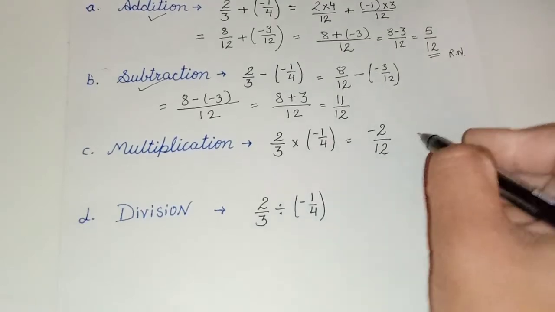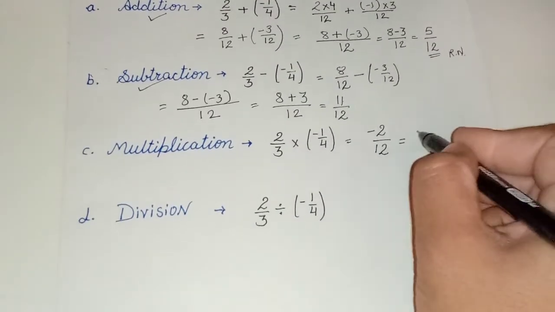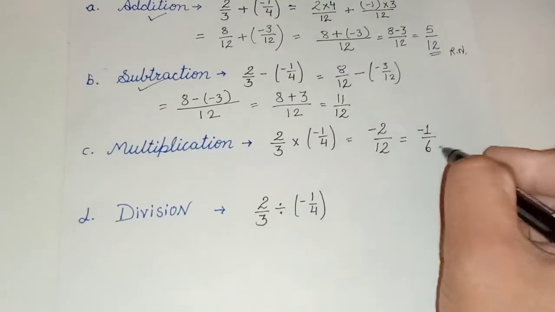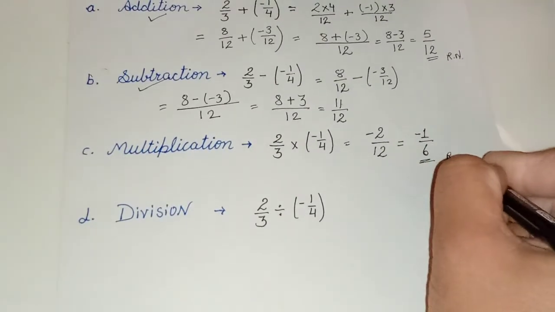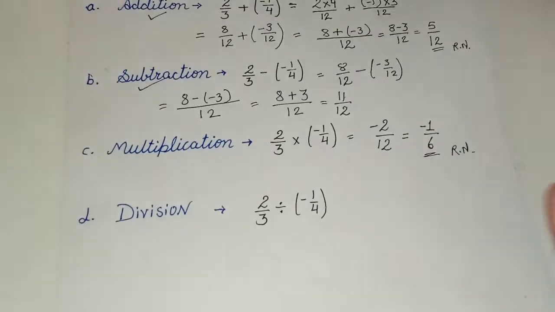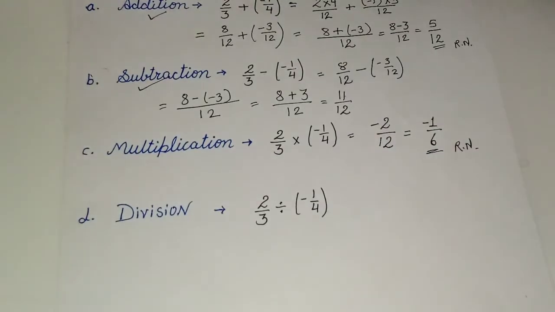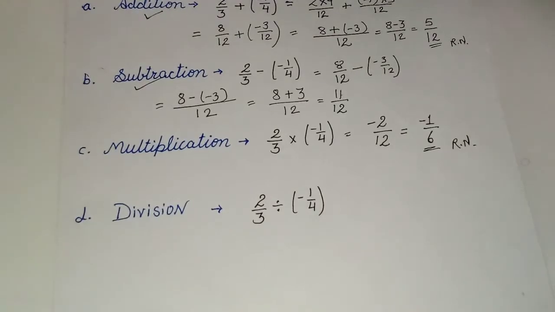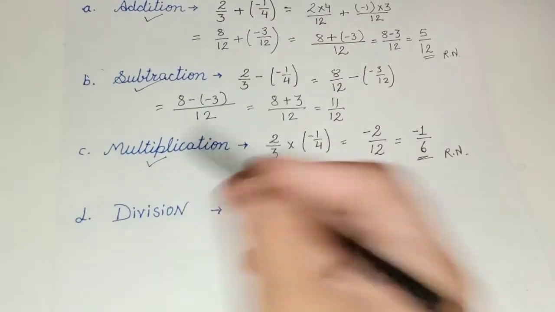If we write it in simplest form, then 2 ones are 2 and 2 sixes are 12. Minus 1 by 6. So minus 1 by 6 is also a rational number. So when we multiply two rational numbers, we get the product also a rational number. So we can see that rational numbers are closed under multiplication.